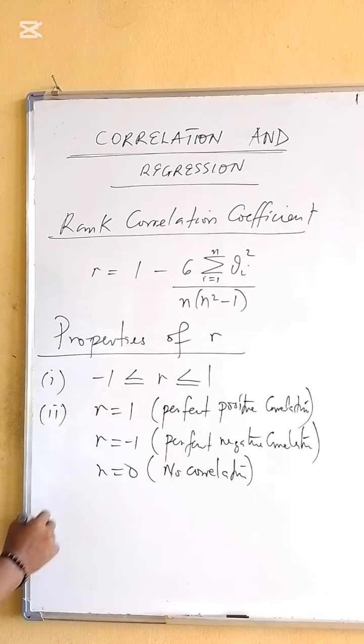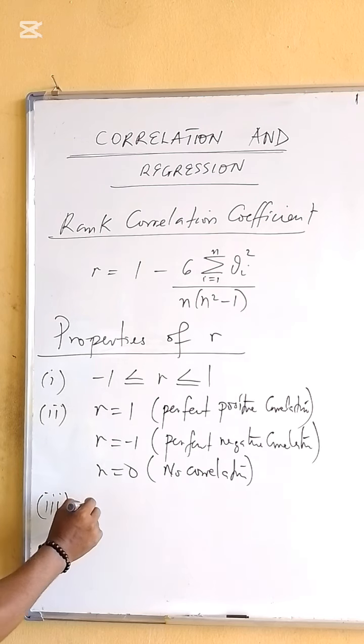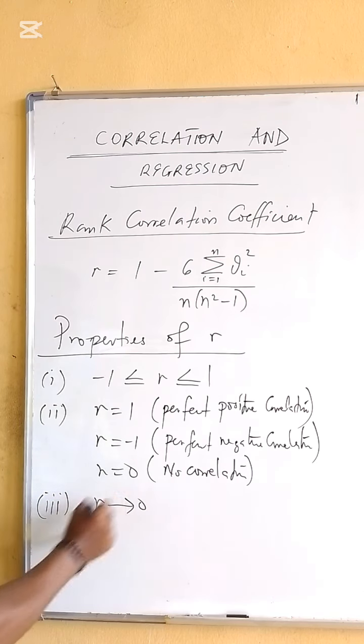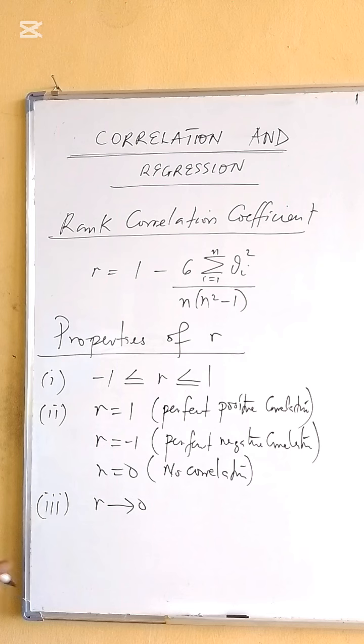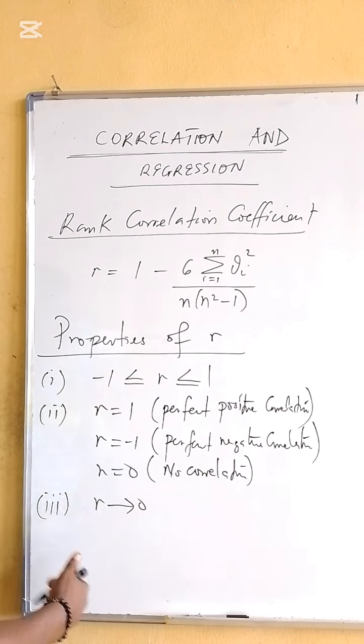Now, please take note. This gives rise to another property you can look at. The closer R is to 0 tells you how weak the correlation is, or almost non-existent, between x and y.